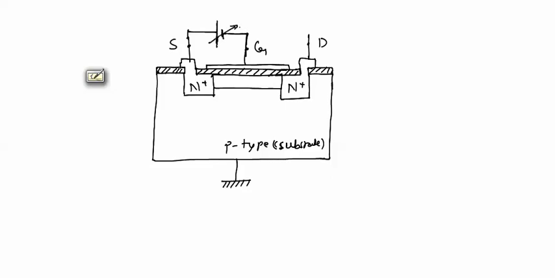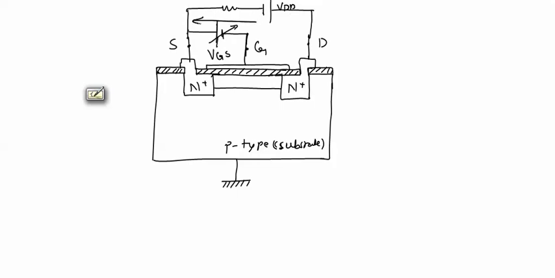So this voltage would be our gate to source voltage, VGS, and a potential will be applied between source and drain terminals. This battery will be VDD, and the potential between these two terminals will be VDS, drain to source voltage.